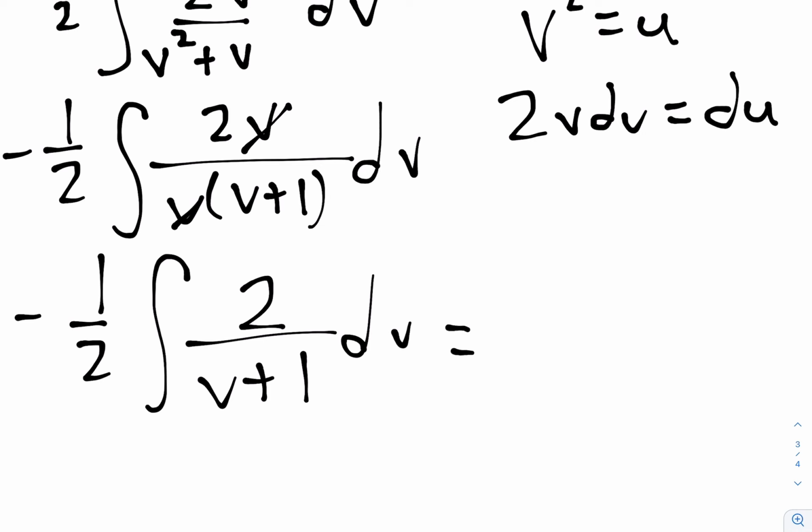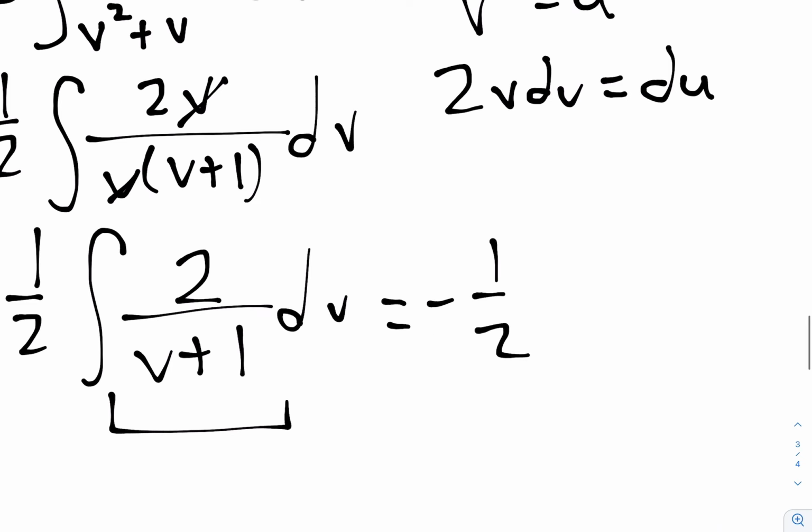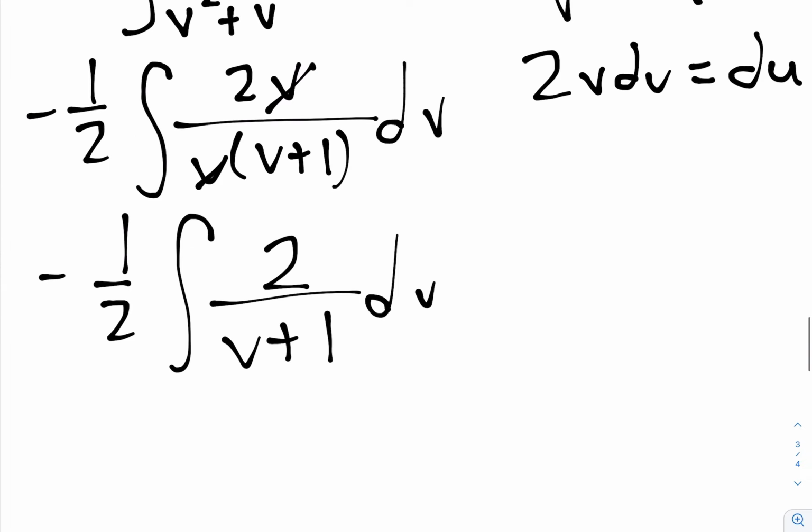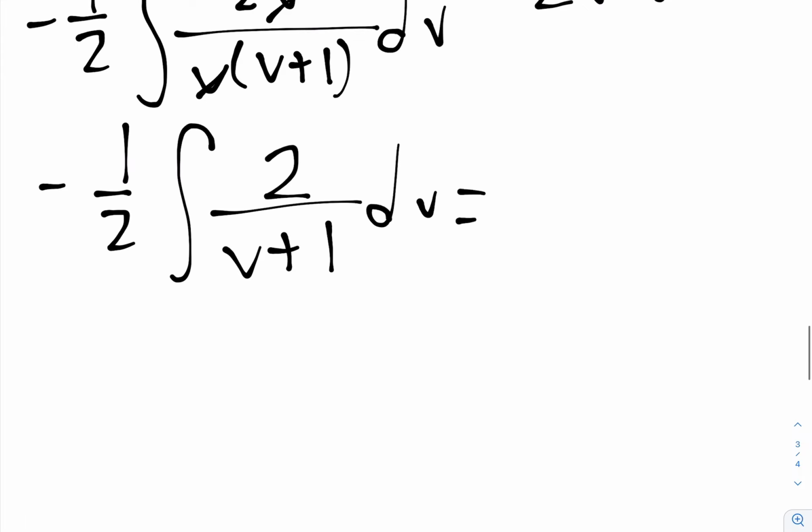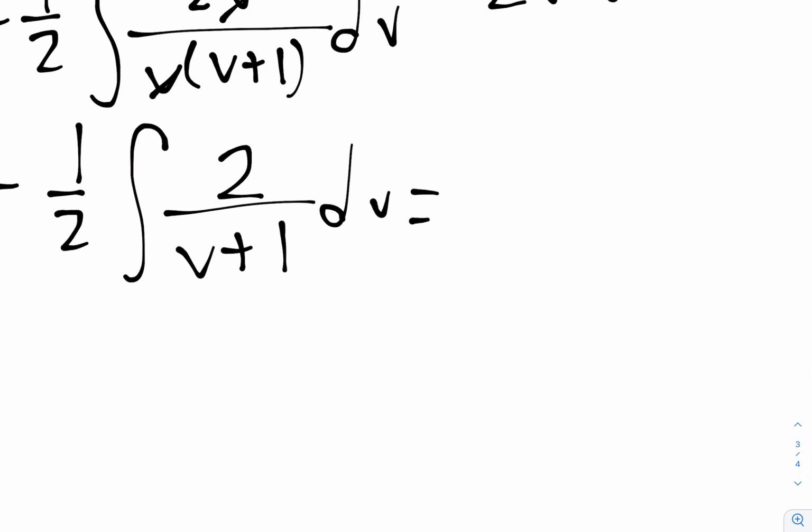Okay, and we know that when we take a constant like 2 and divide it by a variable plus or minus a constant, that's going to be equal to, we still have this negative 1/2 here, times the natural log, right? Oh, I'm forgetting something. We can actually cancel the 1/2 and the 2. I just saw that. So see how we can also bring out this constant 2.